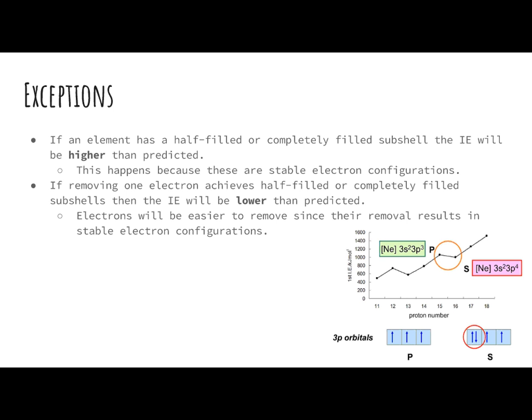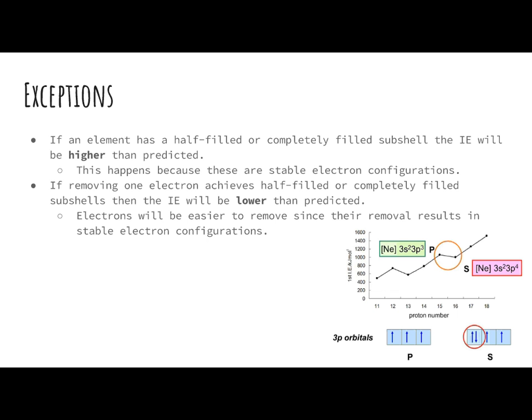Continue. Okay, for the exceptions. If an element has a half-filled or completely filled subshell in the electron configuration, the ionization energy will be higher than predicted because the atom is more stable, so it will take more energy for the electron to be freed.